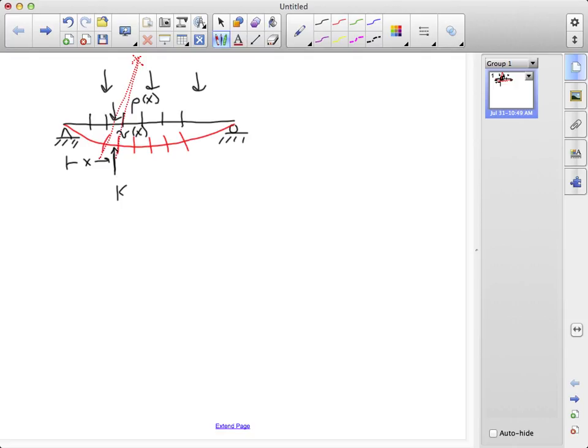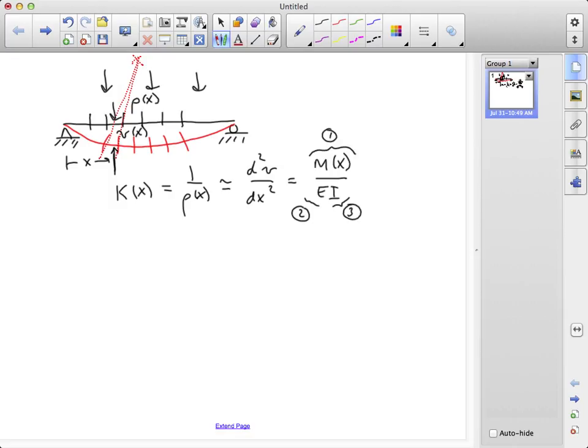The curvature, which is 1 over the radius of curvature, is well approximated by the second derivative of the lateral deflection with respect to x. And furthermore, that curvature depends on these quantities. What drives the local curvature is this right-hand side. M of x in the numerator and E and I in the denominator.